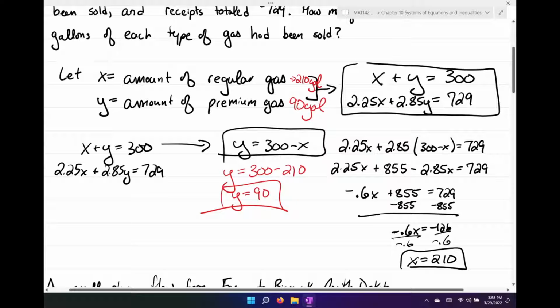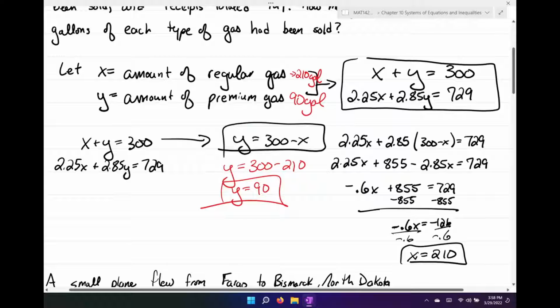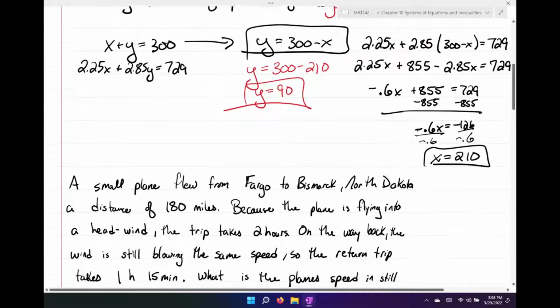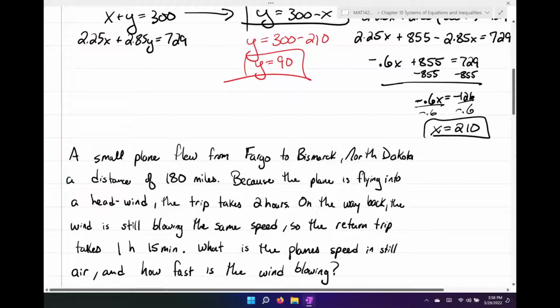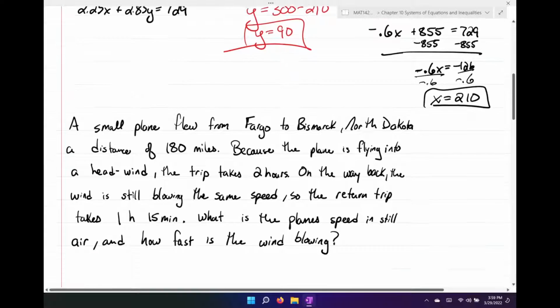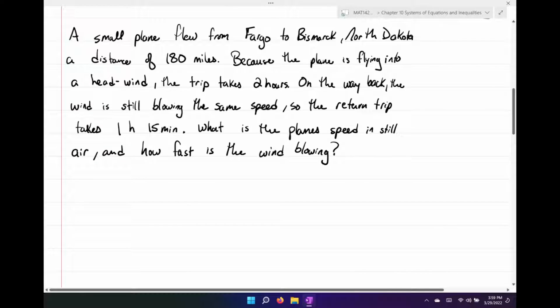Now, the last problem we have is just going to be a little bit different, all right? The reason for that is we're still going to create a system, except the equations that we create are going to be dependent on the application that we have. A small plane flew from Fargo to Bismarck, North Dakota.